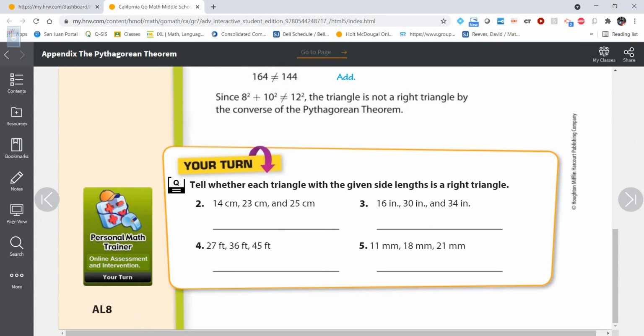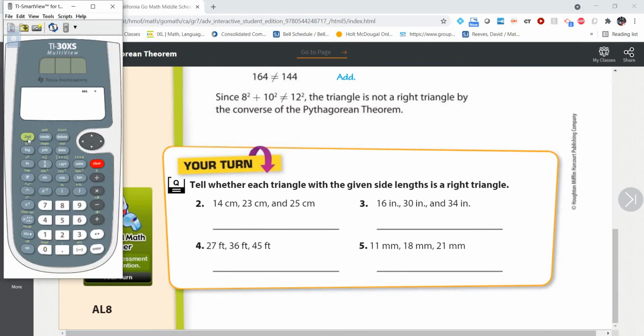All right, so you can, if you want to, put it in the square root and then simply see if it matches up. So if we did this next one, again, if we started with the square root and we did 14 squared plus 23 squared, and if we take the square root and if we get 25, then it is a right triangle, but we didn't get 25. So the answer to this one would be no. If we do the next one, the square root of 16 squared plus 30 squared, what do we get?